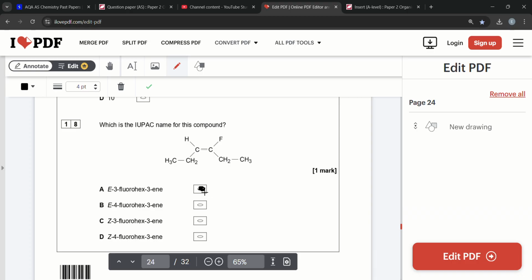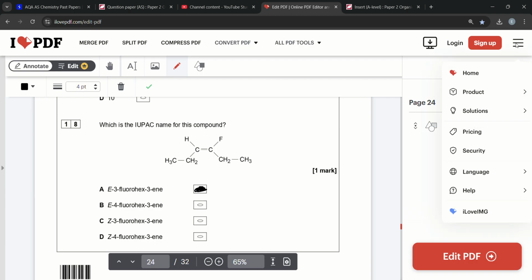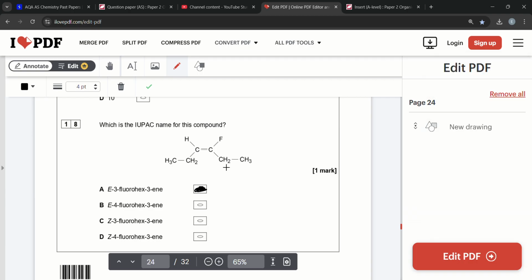Yeah, so it is an E isomer. So the answer will be A, 18A.